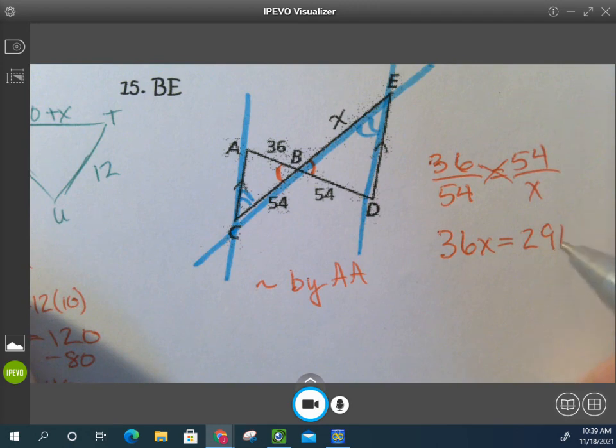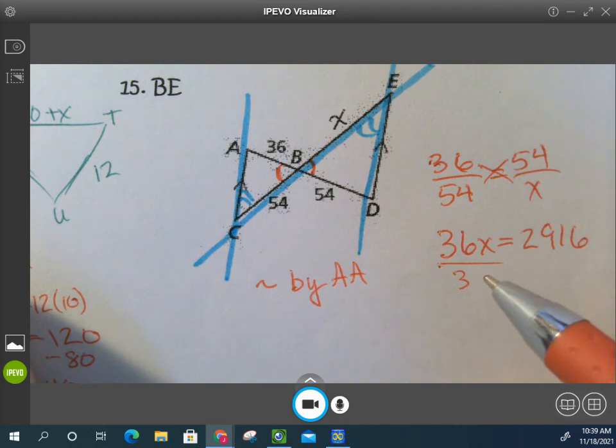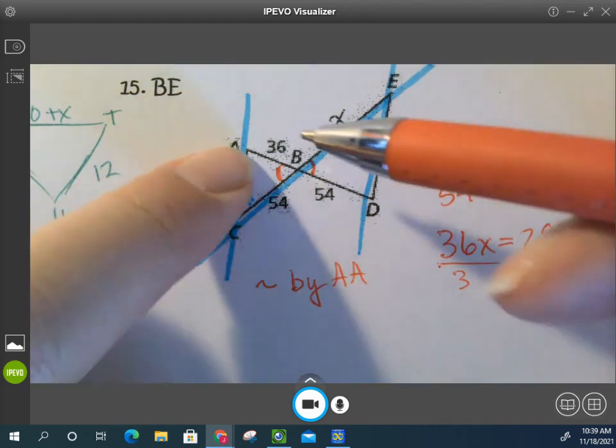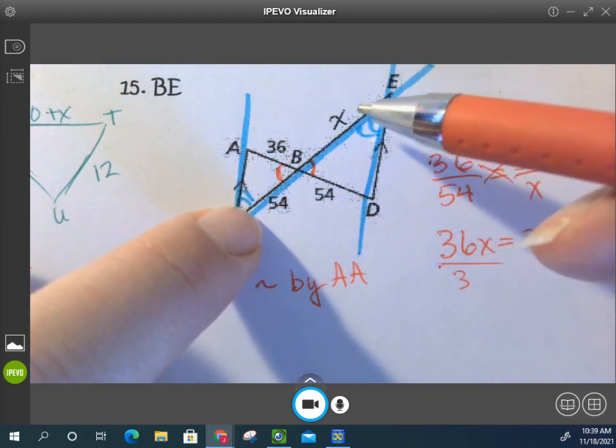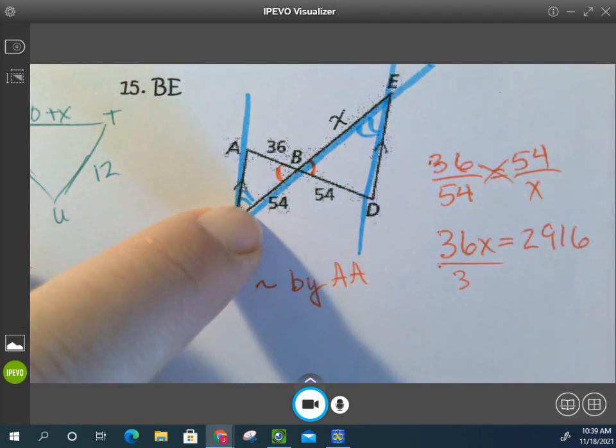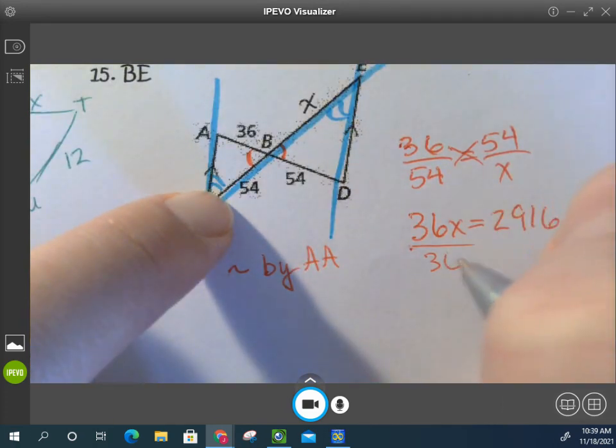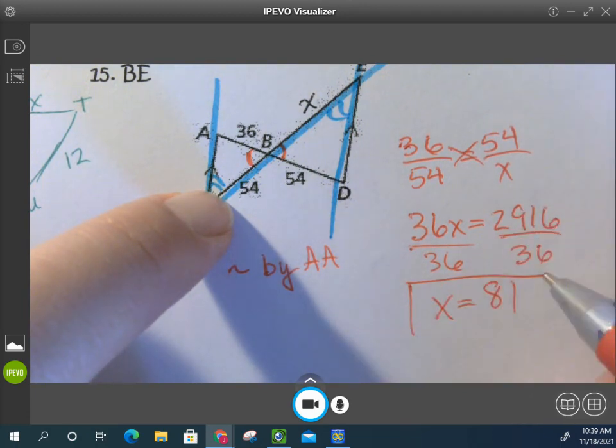Double check my number there. Do we agree? Okay. What did you think it was? Well, if I do 36 over this 54, then I came back to 54 over x. So you could reverse the setup, but we have to have the same cross products. All right, so what does x equal? 81. 81, you're good. All right.